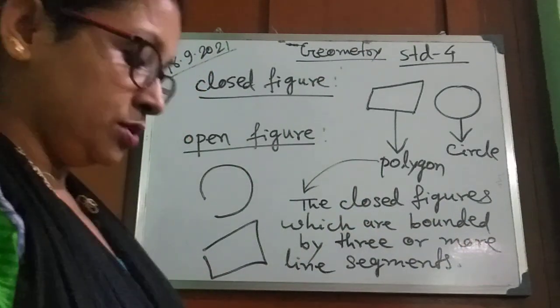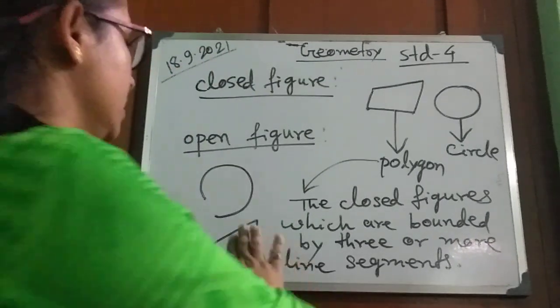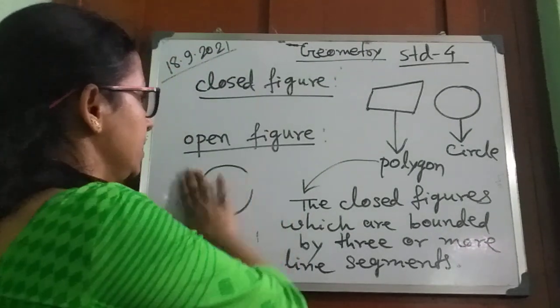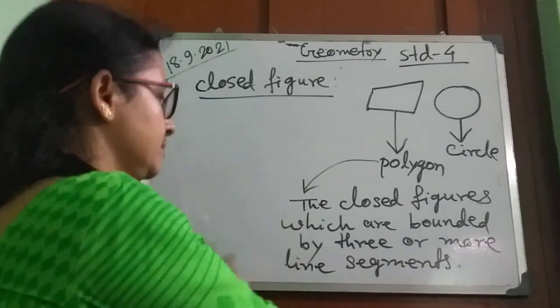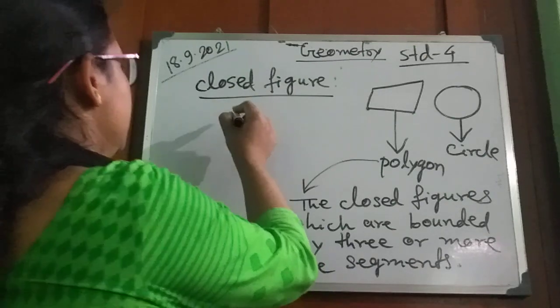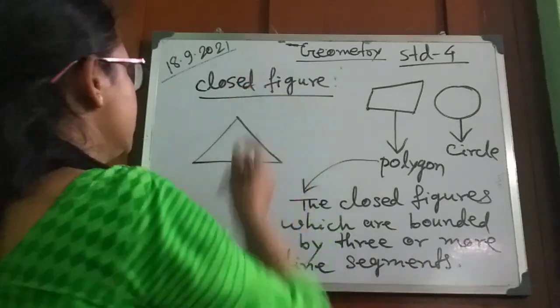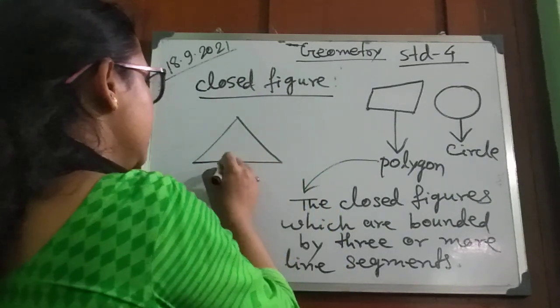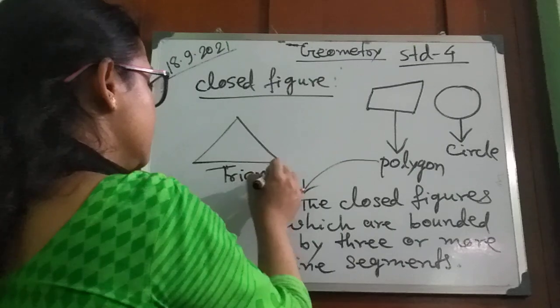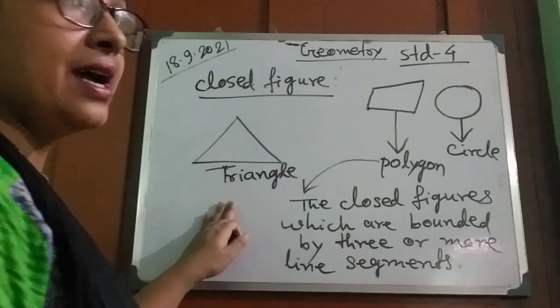So, three or more means when the polygon is bounded by three line segments, that time we can say it is a triangle. You can see here I am drawing this. This is one triangle. Then it is also one polygon. Here only three sides, so it is a three-sided polygon.